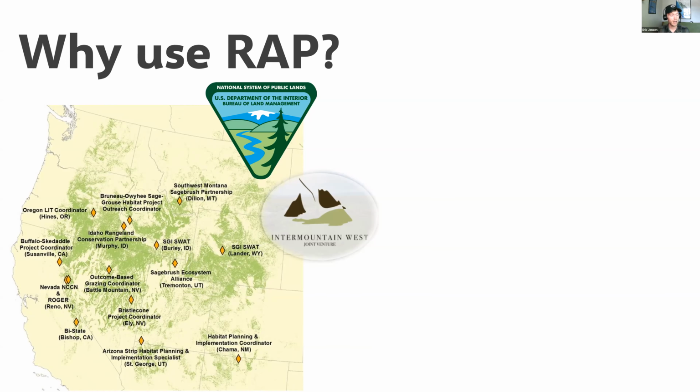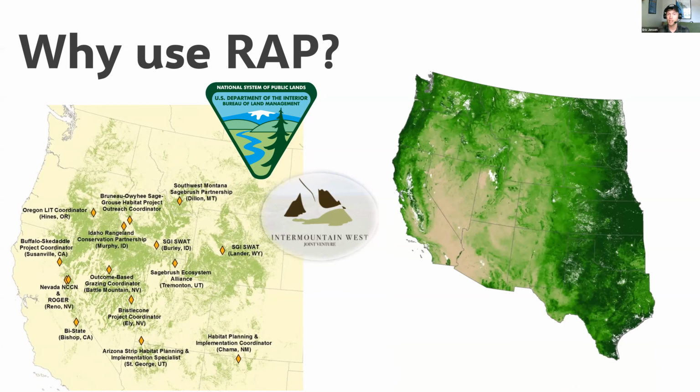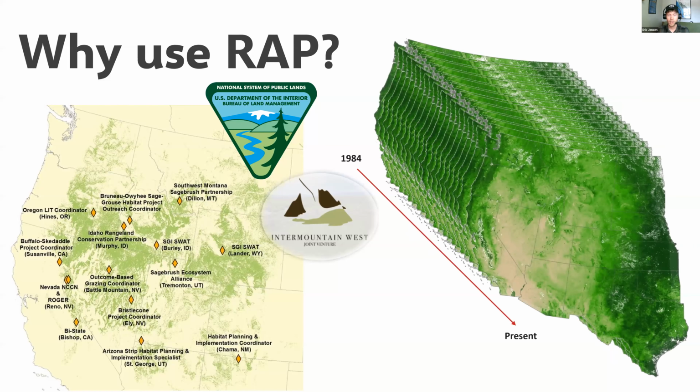And so a product like RAP that covers the entire Western US can give you information about vegetation on the ground across different management boundaries and continuously across the regions that you work. And it's able to do this not just for 1 year, but for every year since 1984. So not only can you evaluate vegetation across your region today, you can look back in time and have a good idea about what types of changes have occurred over the past 36 years or so.